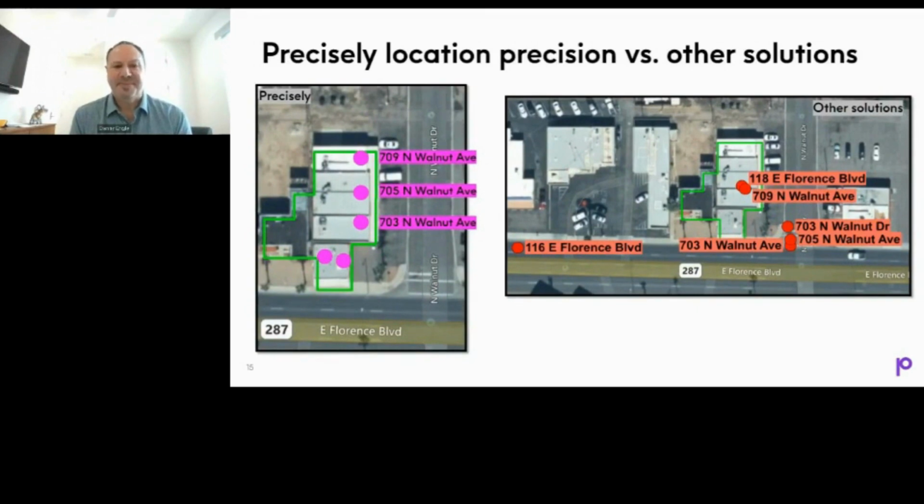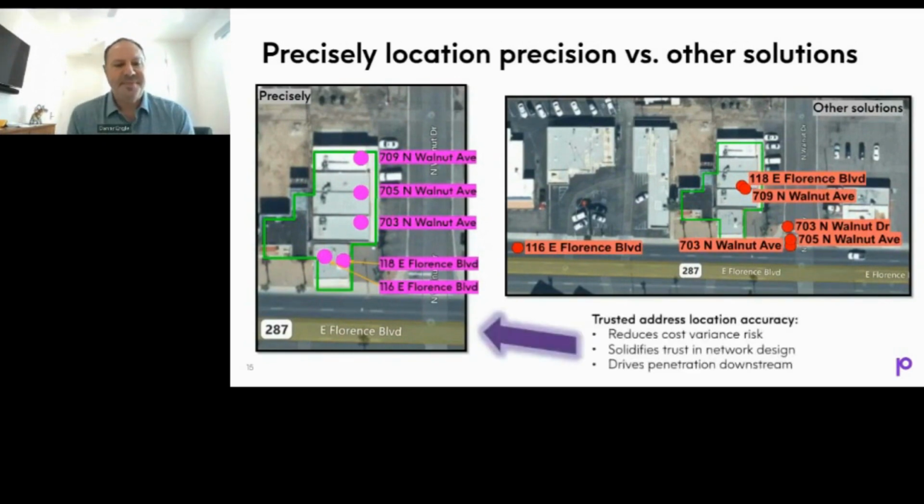So if we look at the instance on the right, these addresses are reasonably close to the area. But if I'm laying fiber and creating a connection into each building, I really need an understanding that looks a lot more like the one on the left. Even though these addresses are distinctly different, they even talk about two different streets and have different street numbers, we've been able to identify that all these addresses actually reside in the same building.